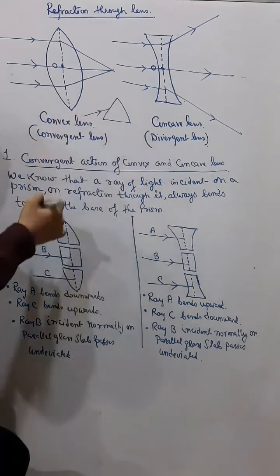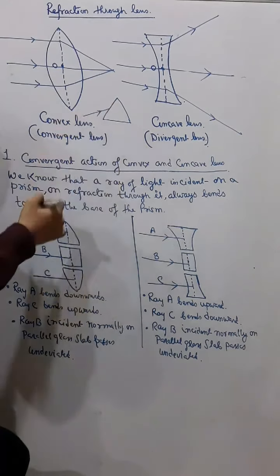Here the base is downward, so it is bending in the downward direction. And this is a parallel glass slab. In a glass slab, if a ray of light is falling normally, means 90 degree, it generally goes undeviated, so it will go straight. Understand? So this is the action of a convex lens.